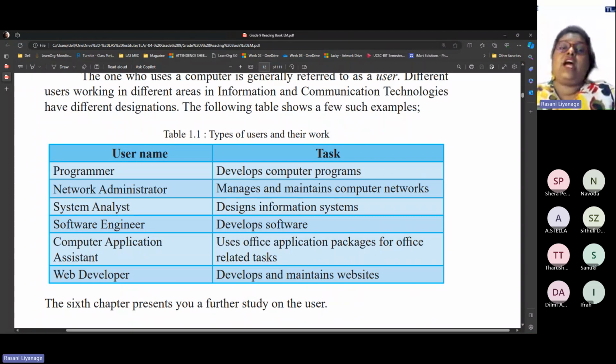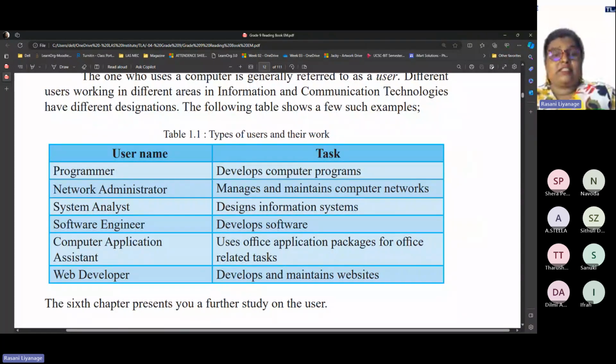In the book, we have learned about programmer, network admin, system analyst, software engineer, CAA, computer application assistant, and web developer.